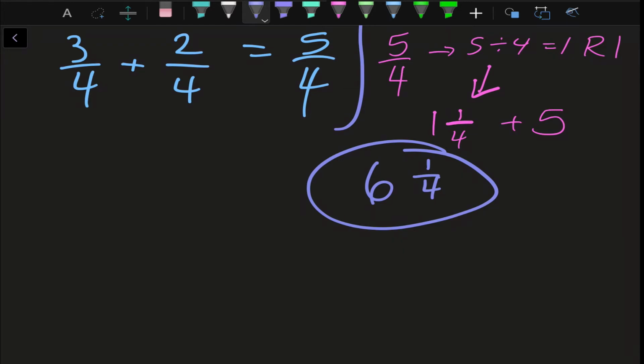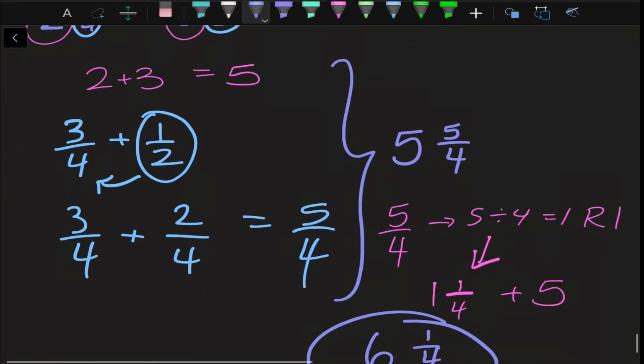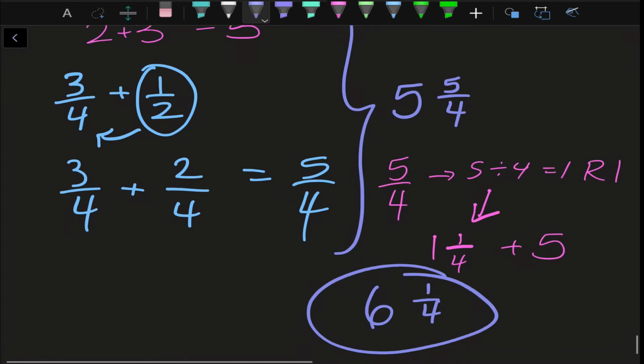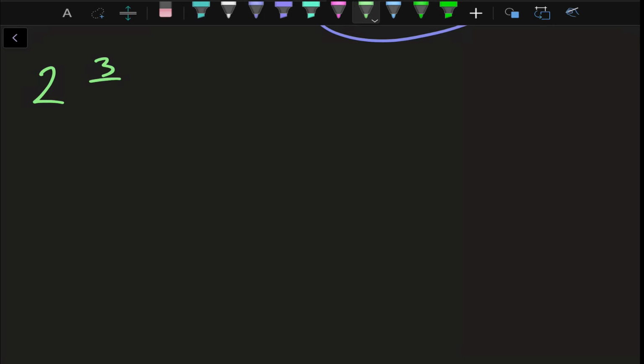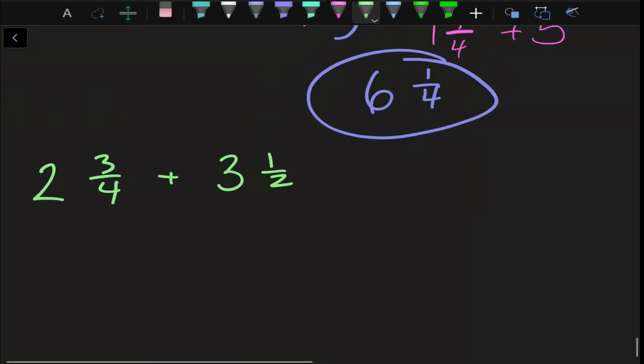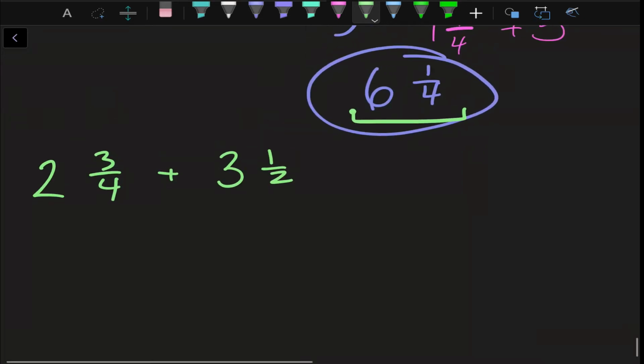Now, if that way might be a little bit confusing, adding our whole numbers, there is an alternate way we can do this. So, our alternate way, if we write down the question again, 2 and 3/4 plus 3 1/2. Now, remember, this is what we're going to end up with at the end.